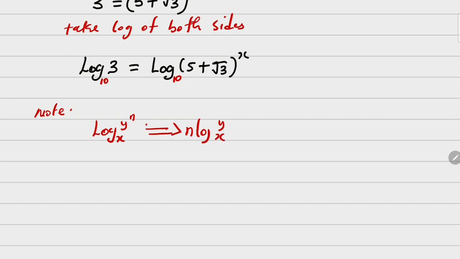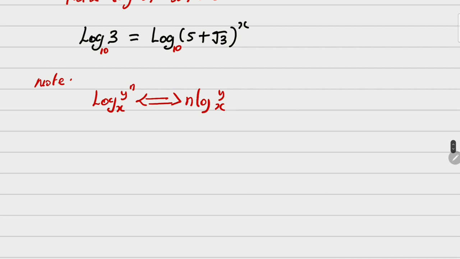Now this is vice versa, so it could go either way. So that is exactly what I'm going to use to work this out, so that I'm going to have log 3 base 10. Now this is going to be x, then log 5 plus root of 3, then base 10.